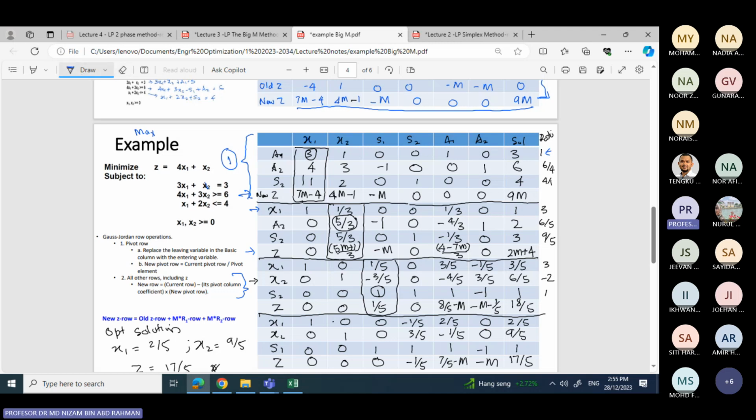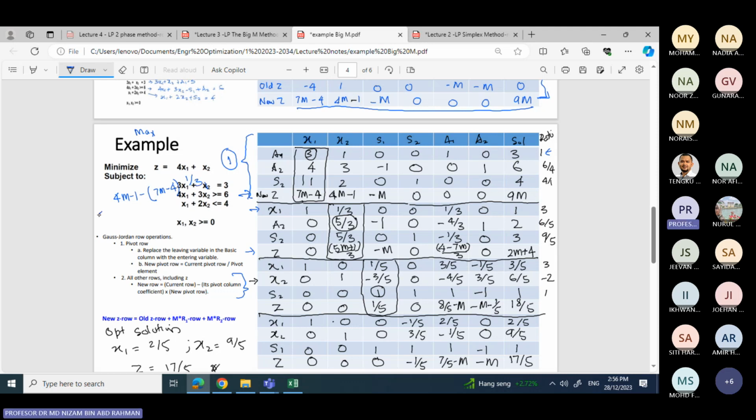So for this value, the old value is 4m minus 1, minus the pivot column coefficient, which is 7m minus 4, times the new pivot row number, which is 1/3. Times 1/3.